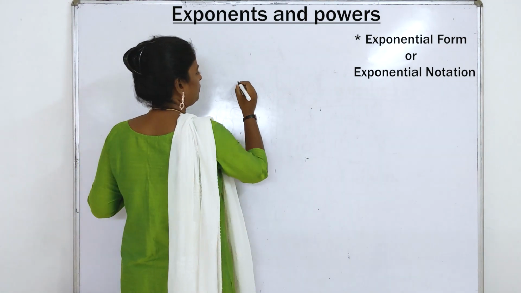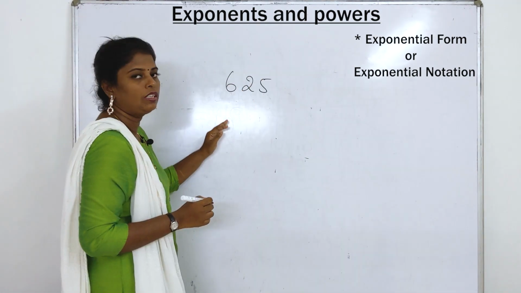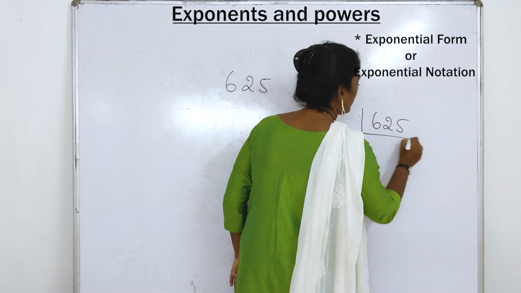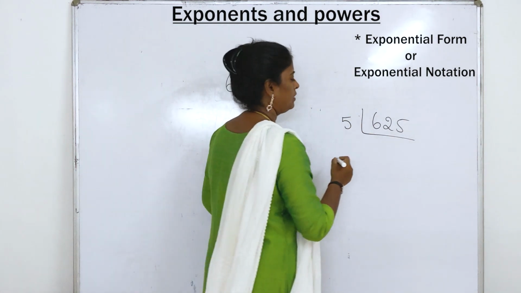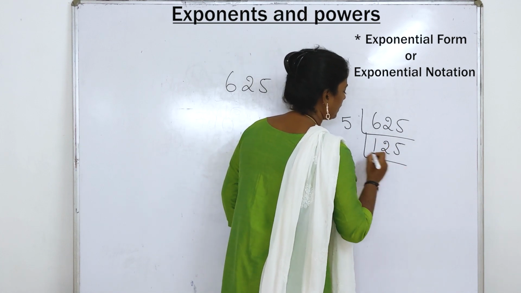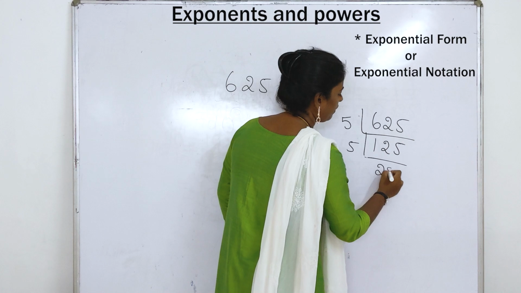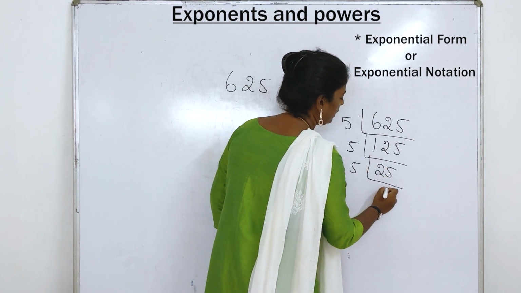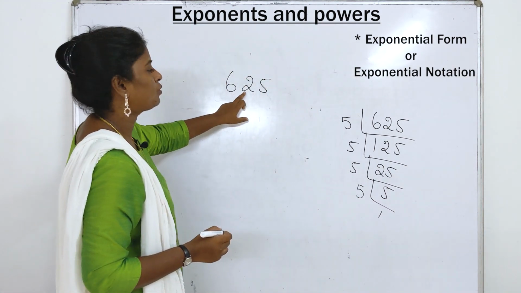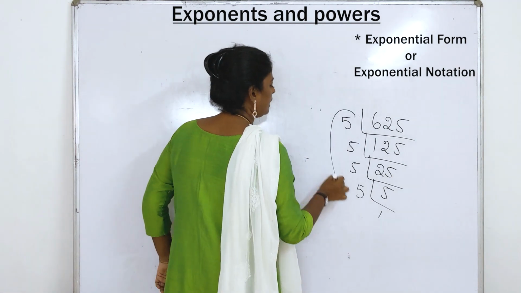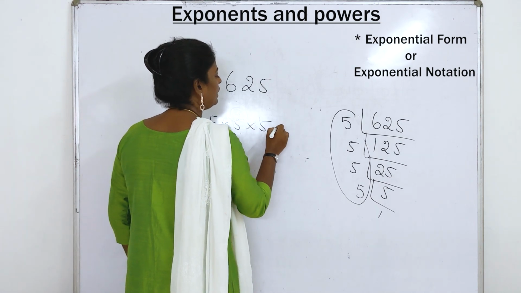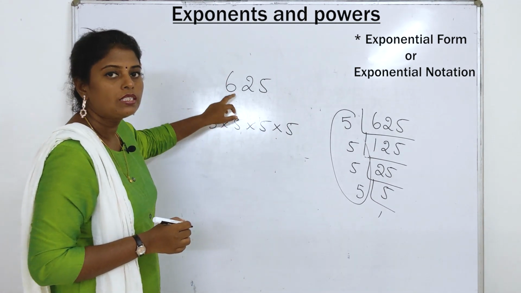One more example, if you have 625, then you can factorize this. The factors of 625: 5 ones are 5, 5 twos are 10, 5 fives are 25. Again 5 twos are 10, 5 fives are 25, and this is divided by 5. Again 5 ones are 5. So 625 is written as 5 into 5 into 5 into 5.